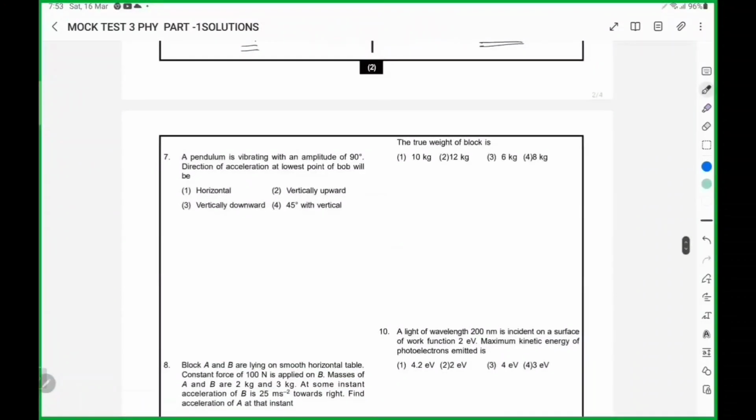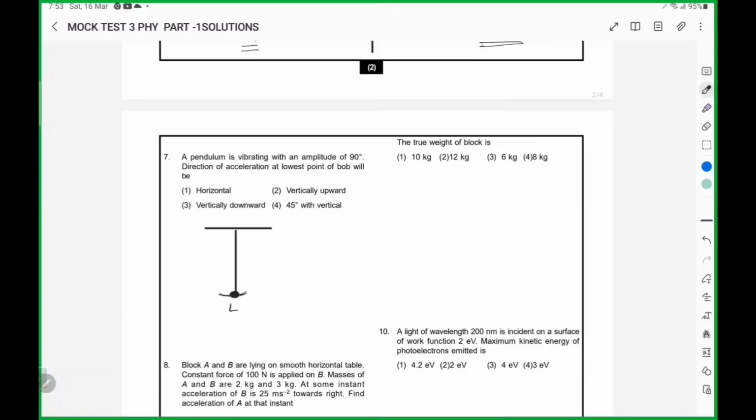So the pendulum is vibrating with an amplitude of 90 degrees. What is the direction of acceleration at the lowest point?